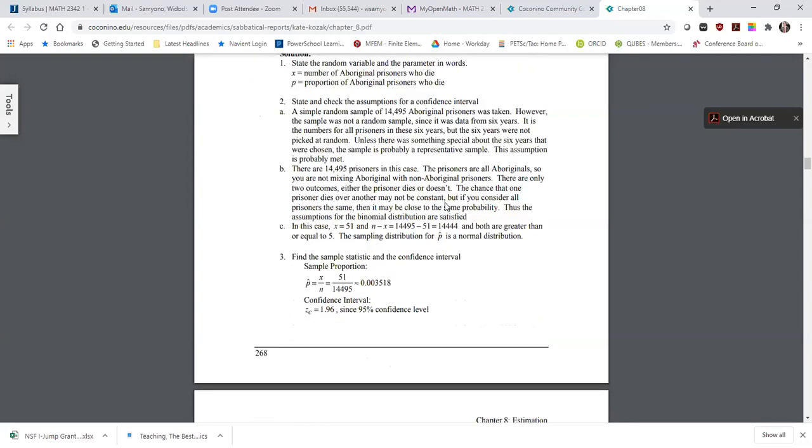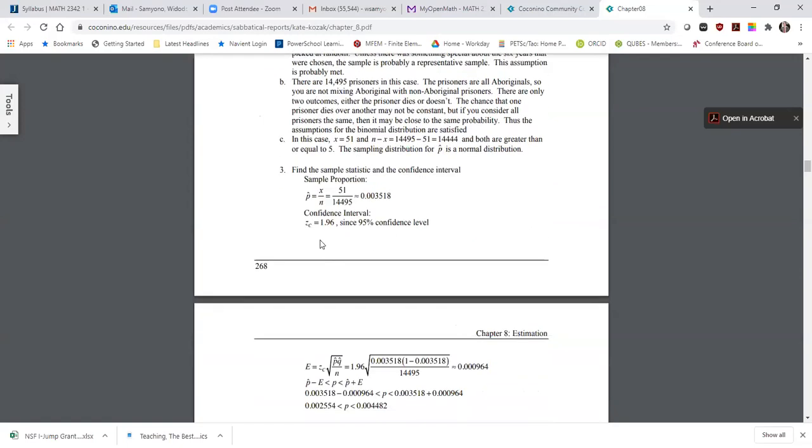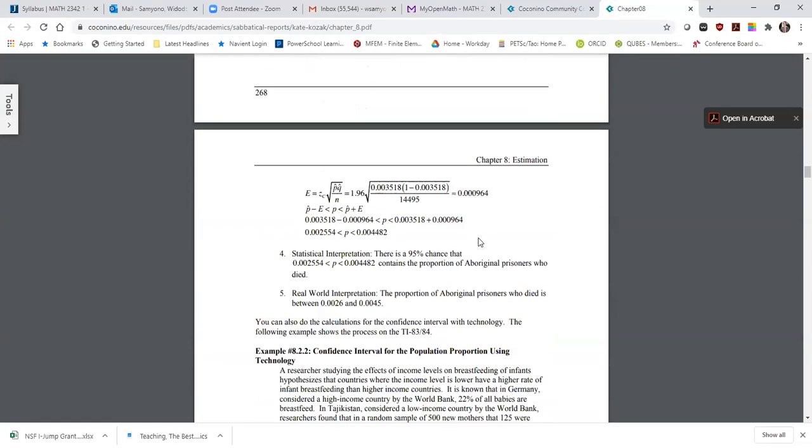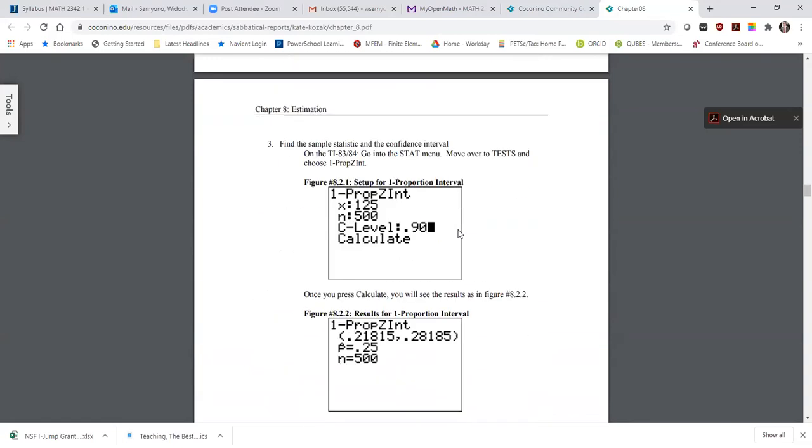In Excel I will show you how to find the z. Yeah, okay. So in this example, it's not really about finding the z. Maybe in this calculator.